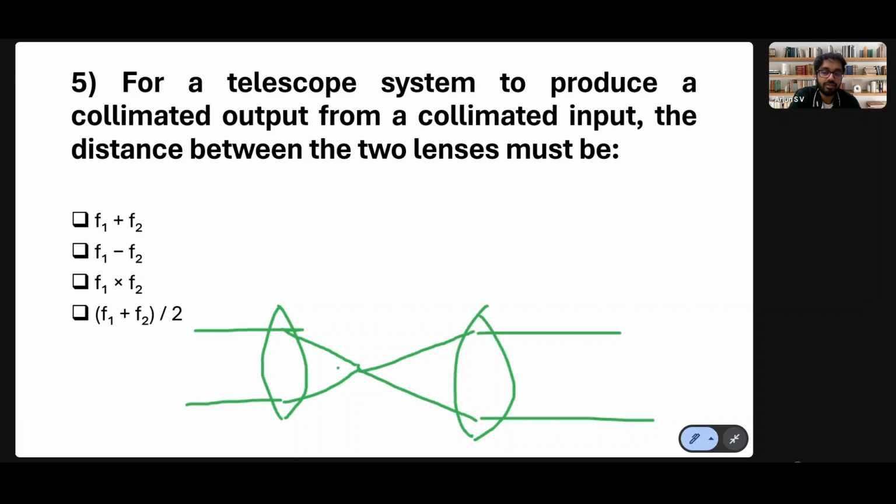So to get collimated input as well as output, the distance between the two lenses should be the sum of their focal lengths. The answer is f1 plus f2.